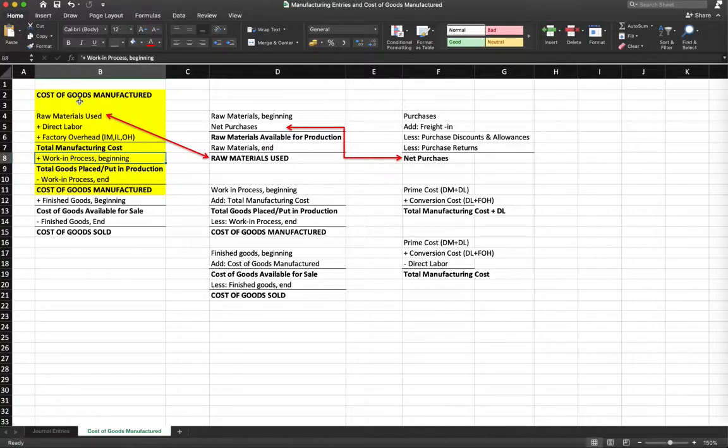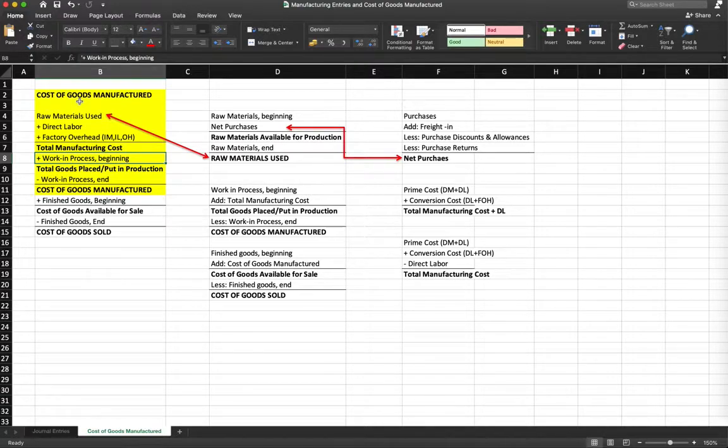We place goods into production so that they can be produced or converted into finished goods. Pero at the end of the period, may mga natira, hindi natapos. Yan ngayon yung work in process end last period. And if there is a new period or calendar year, that would be your work in process beginning. Your work in process end for the last period would be your work in process beginning for the new period.